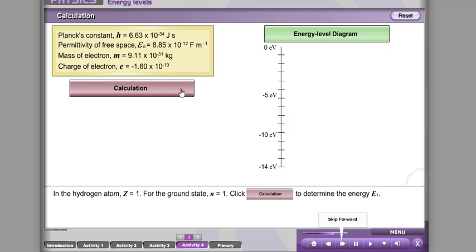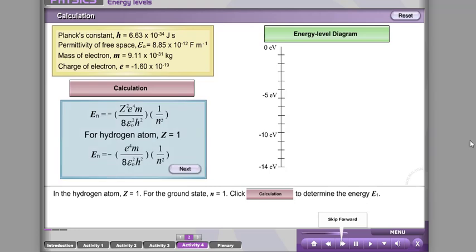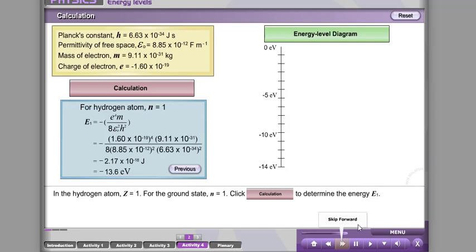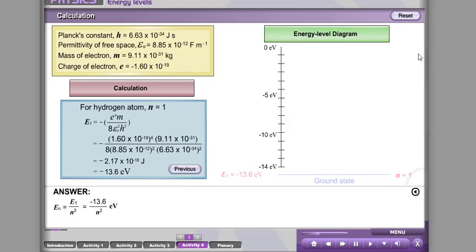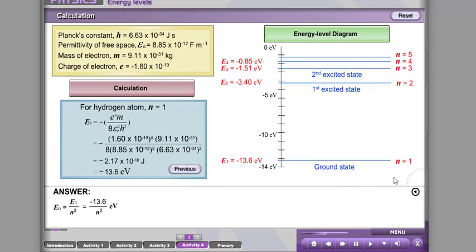Click the calculation button to determine the energy E1. What is the relationship between En and E1? Answer: En equals E1 over n squared equals minus 13.6 over n squared electron volt.